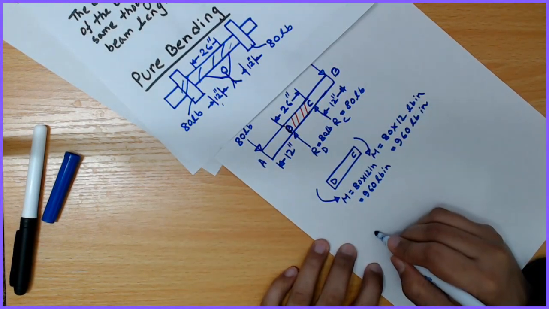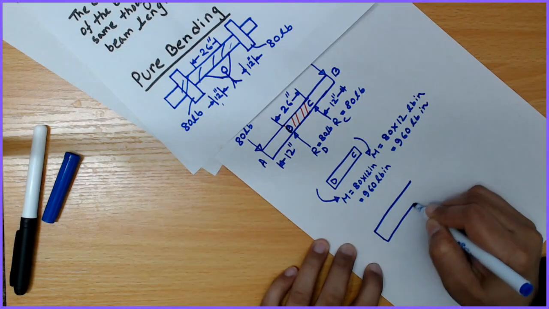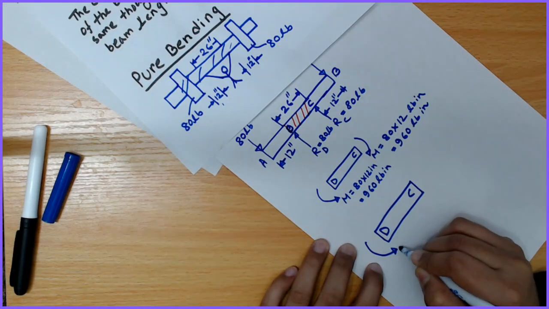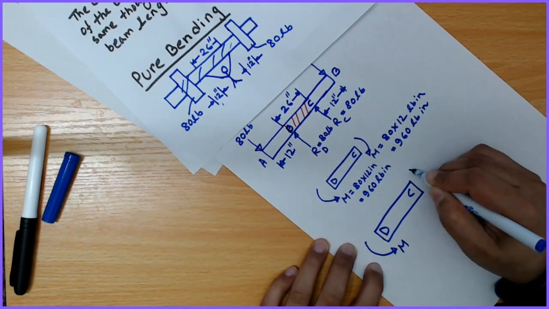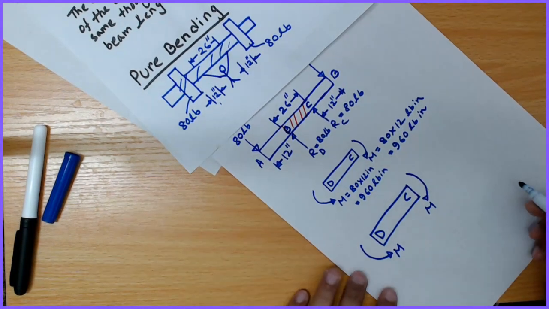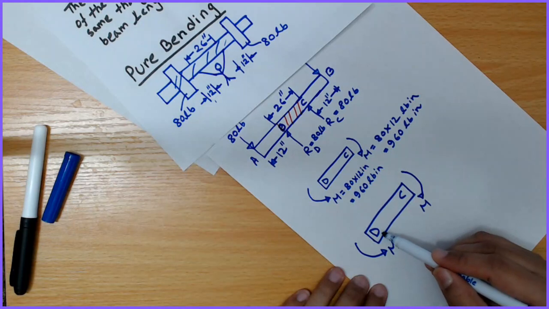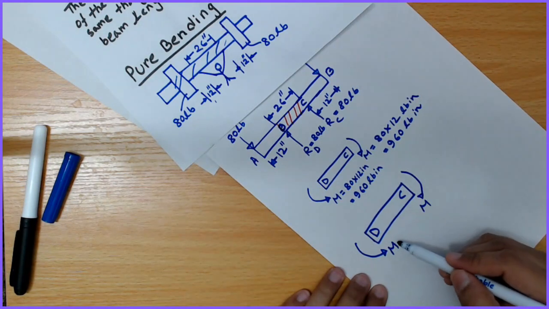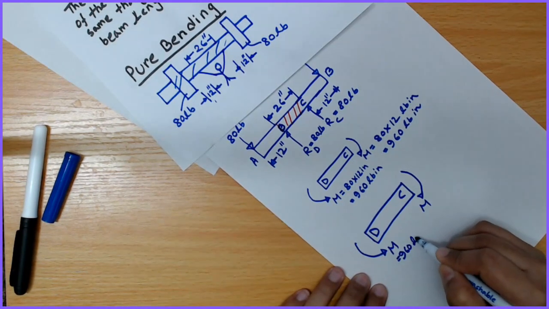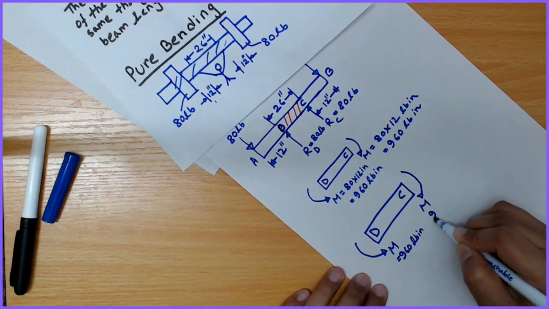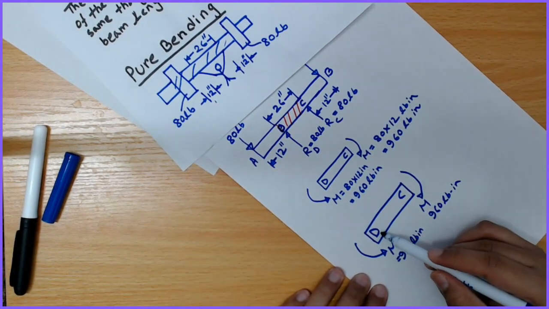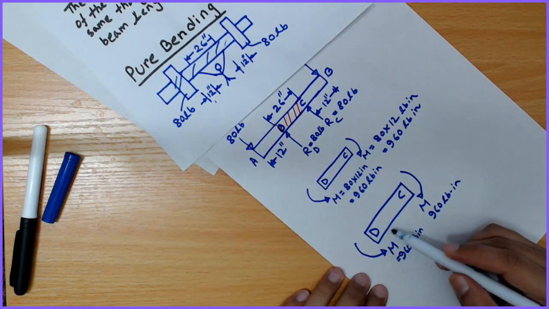Let me draw this again. M. Okay, so as you see, at both ends D and C, the M is 960 pound inch. Both the moments are equal.